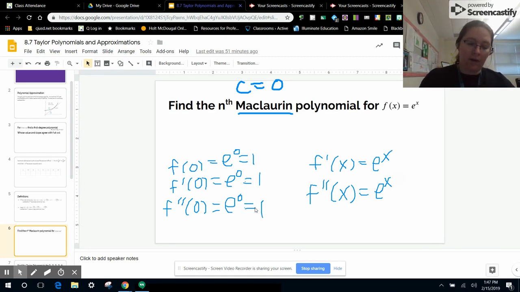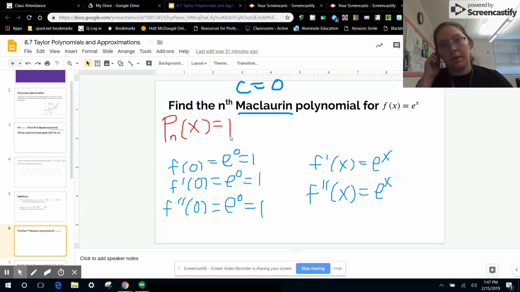So now I'm going to write my polynomial of nth degree. I start with f of 0, which is 1, plus f prime of 0 times x. Then it's going to be the second derivative, 1 over 2 factorial, x squared.